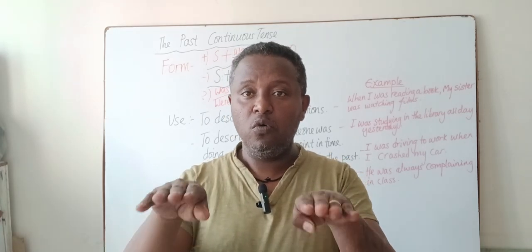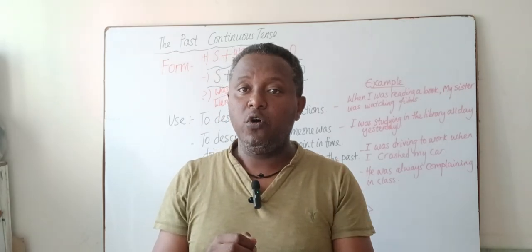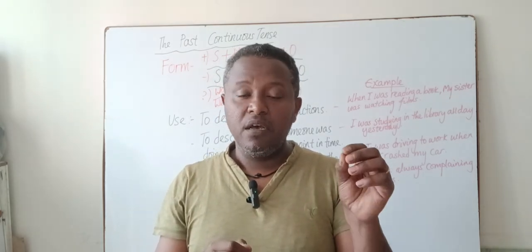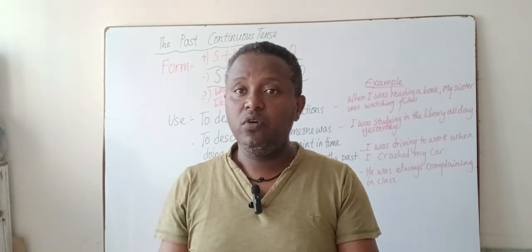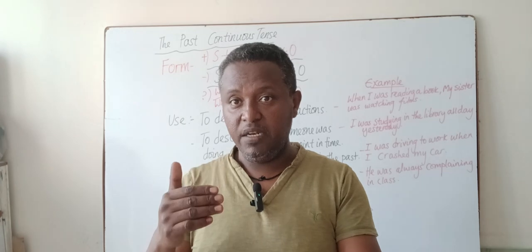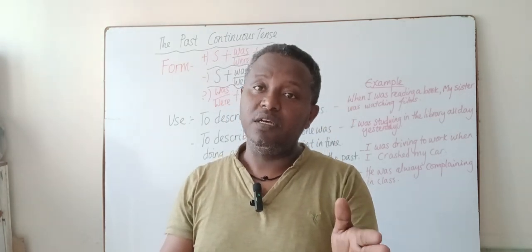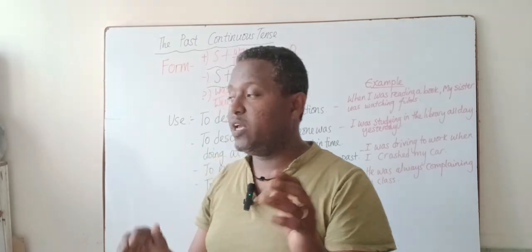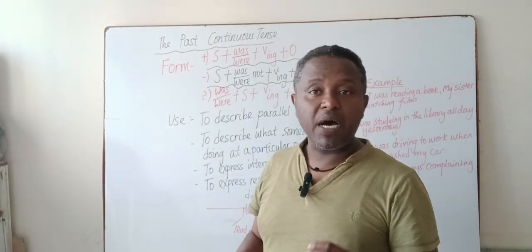Both went parallelly. And some action can be short. When I was reading a book, he came in. So that means this one is a short action, this one took a longer time. So when we want to talk about these two parallel actions, we use the past continuous.